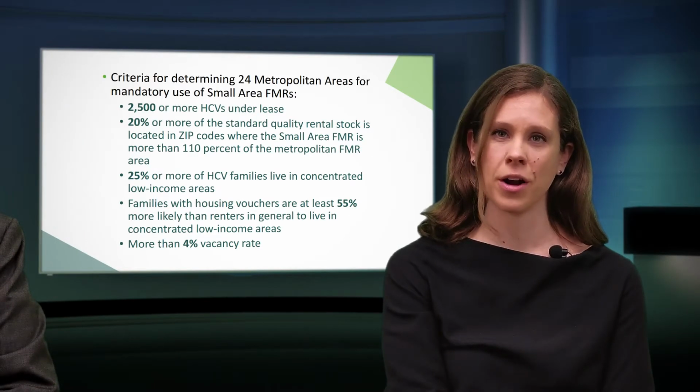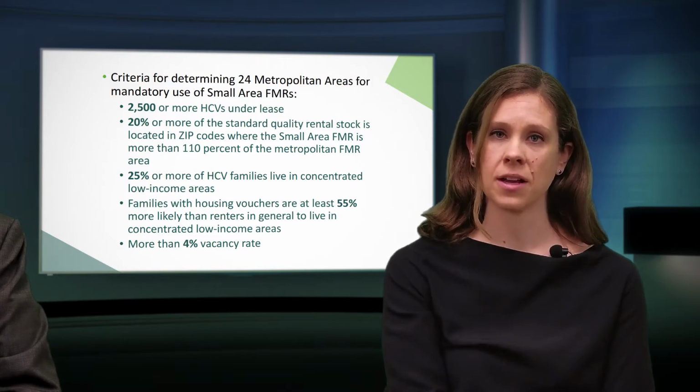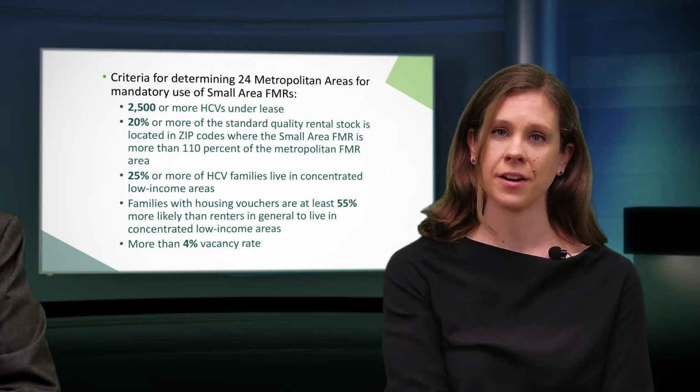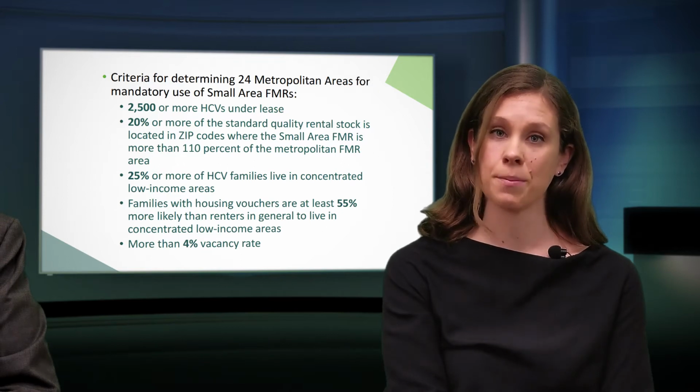To determine which metropolitan areas to designate for required use of small area FMRs, HUD applied the following selection criteria. 1. At least 2,500 HCVs are under lease in the metropolitan FMR area. 2. At least 20% of the standard quality rental stock within the metropolitan area is located in zip codes where the small area FMR is more than 110% of the metropolitan FMR area. 3.